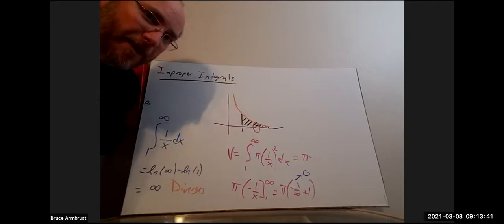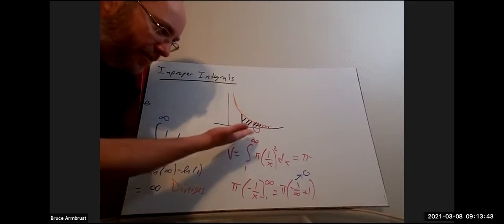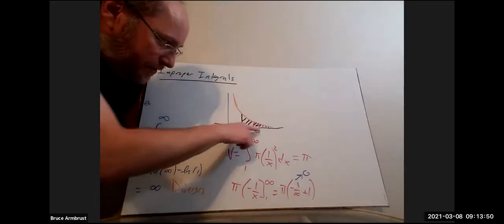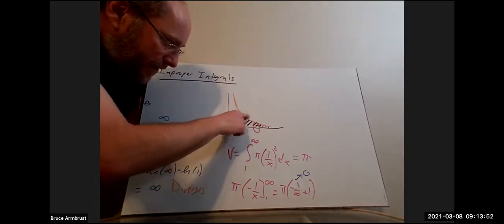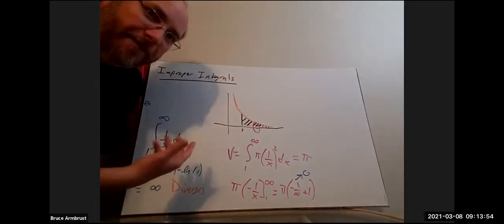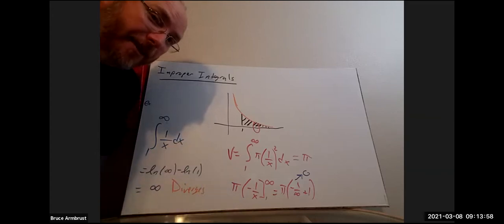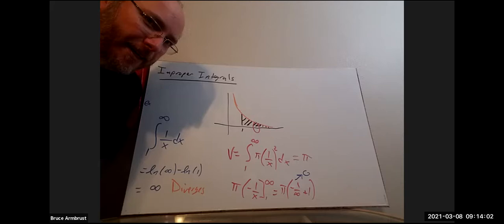So we've got this solid with a finite volume but whose surface area is infinite, and I guess the area of the thing that we spun around to create the volume is also infinite. Yeah, this should hurt your brain a little bit.